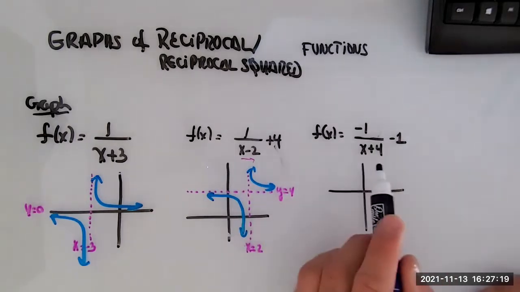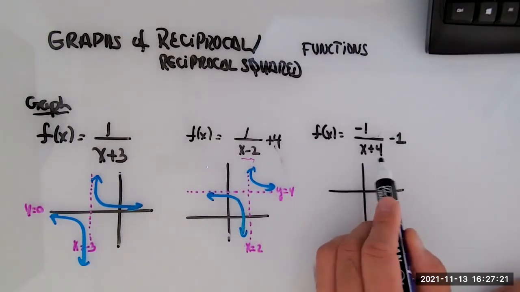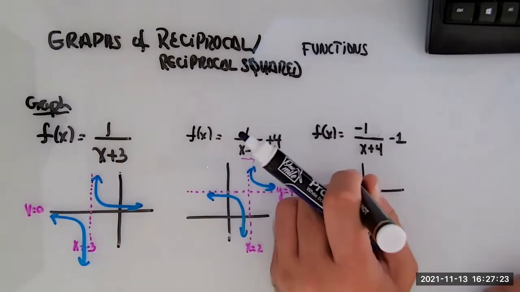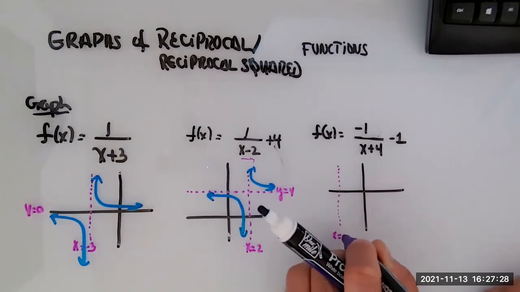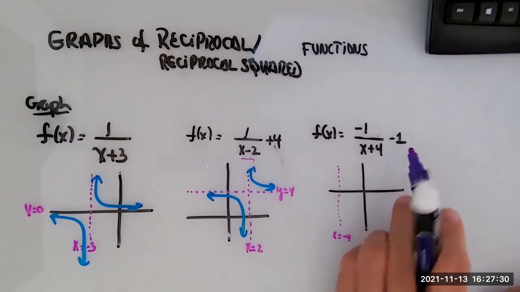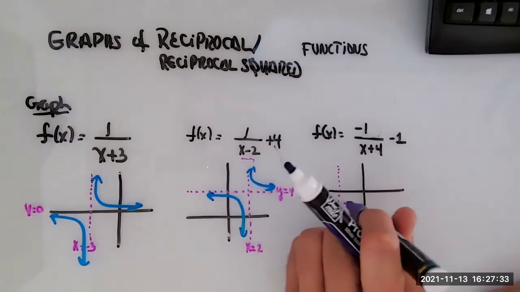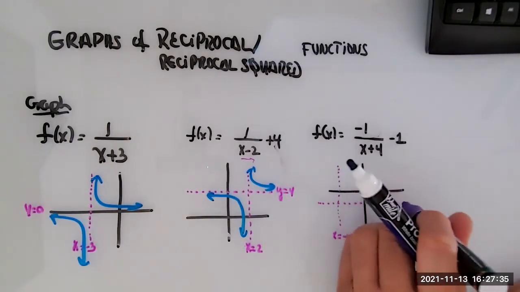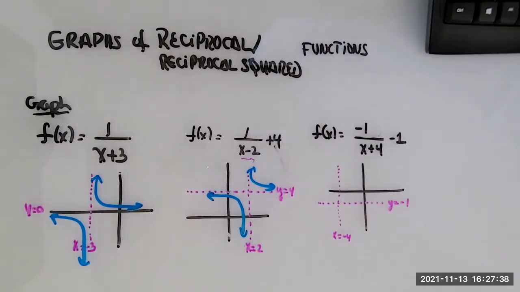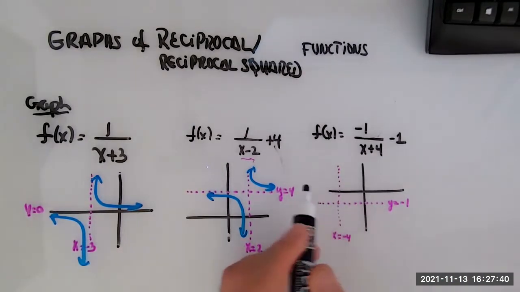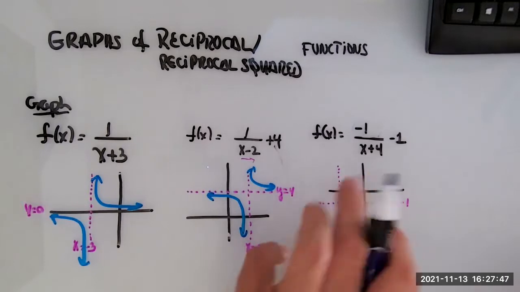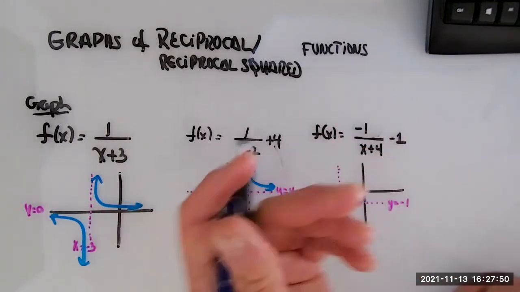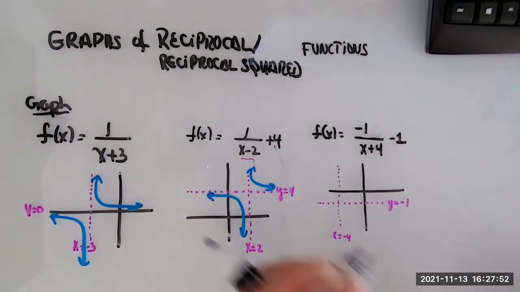This one, very similar to the first, we push the graph 4 units to the left. So this is my new asymptote, x equals negative 4. We push the graph 1 unit down, so this is my new asymptote, y equals negative 1. And of course, the so-called boomerang was supposed to be in quadrants 1 and 3, but because of the negative, we flip it, we reflect the function.